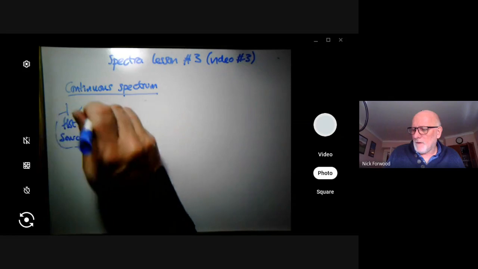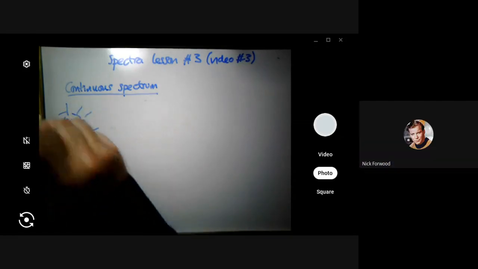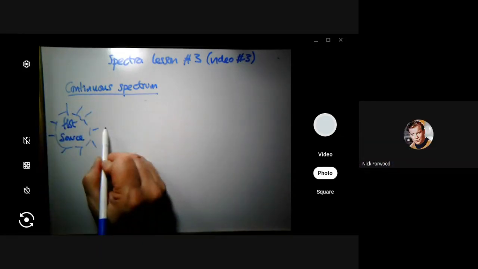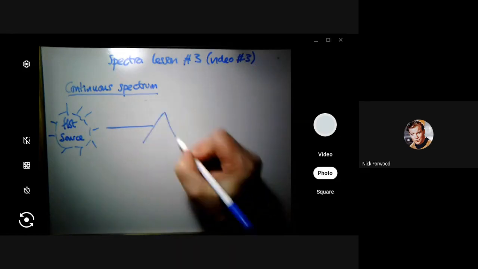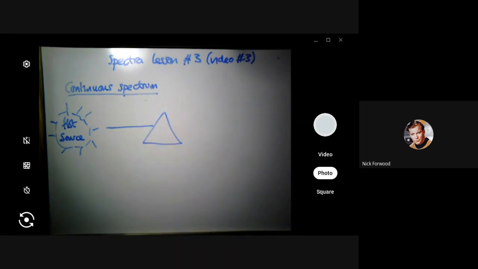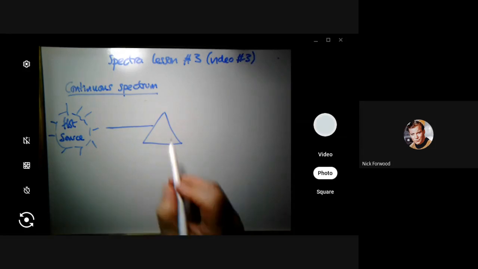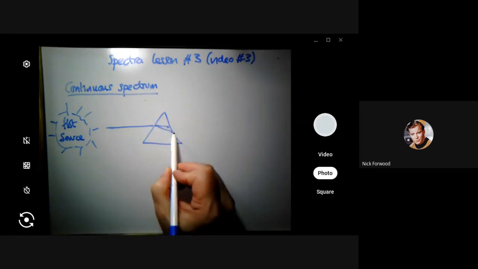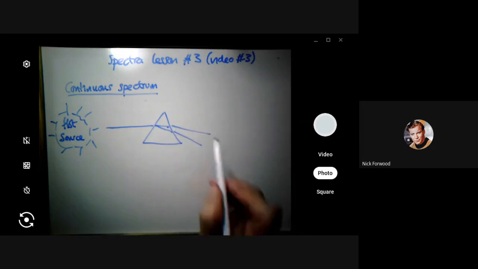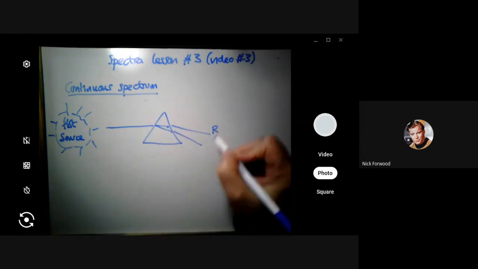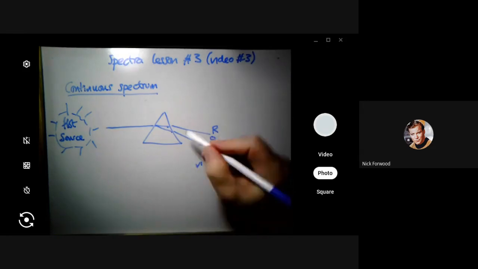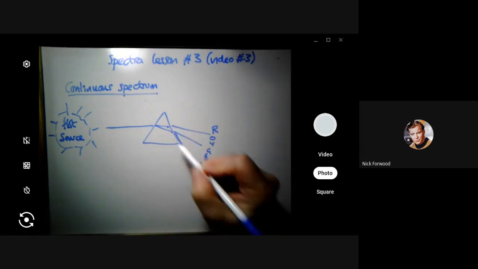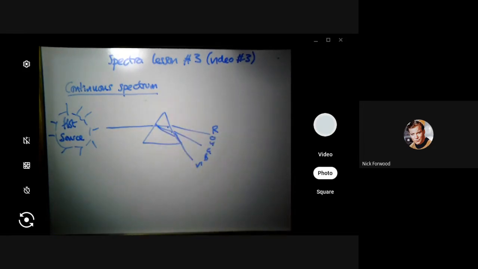And the sun's beaming out light in all directions, and some of it's going to come to us. So we'll take a beam of light that's going to come to us. We're going to pass it through a prism, and we know that we're going to get this continuous Roy G. Biv spectrum being produced from our prism.